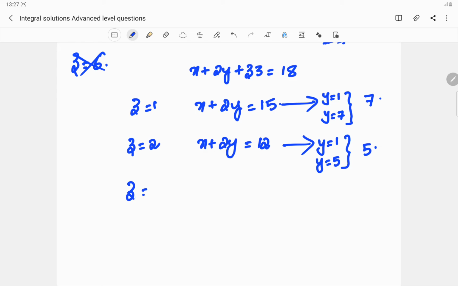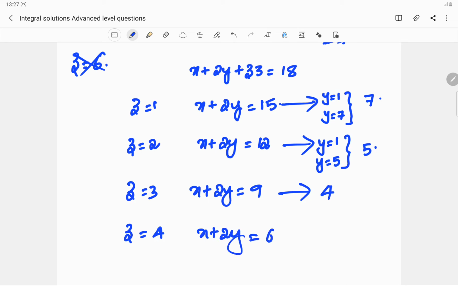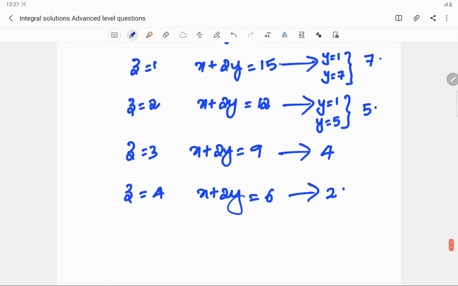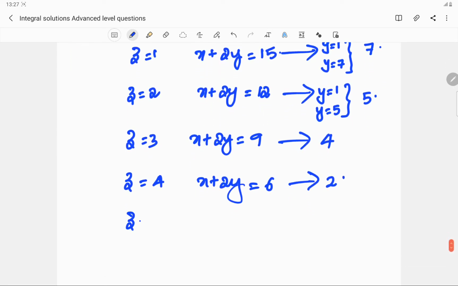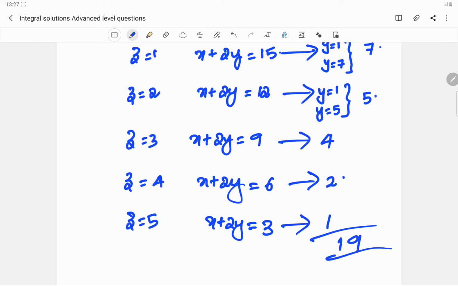Similarly, when z is equals to 3, x plus 2y is equals to 9, it can take only 4 values. And then z is equals to 4, x plus 2y is equals to 6, it can take only 2 values. When z is equals to 5, x plus 2y is equals to 3, so it can take only 1 value. Again add all these things, you will get 19.